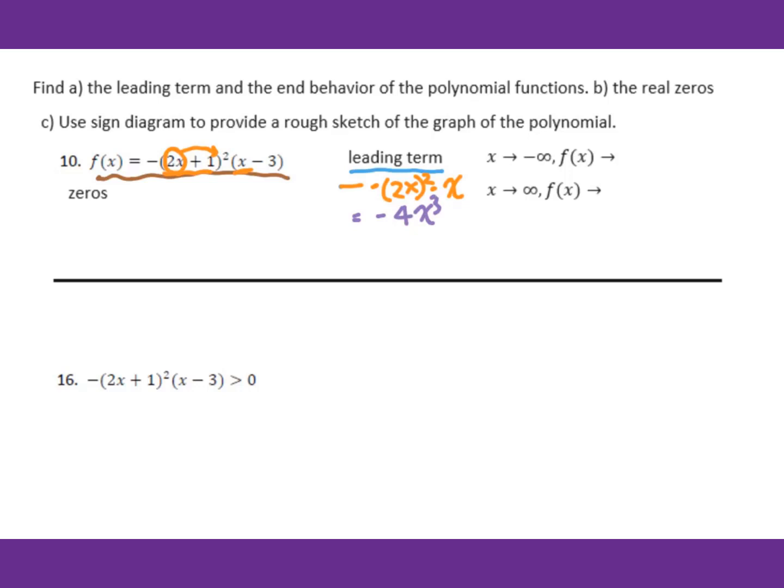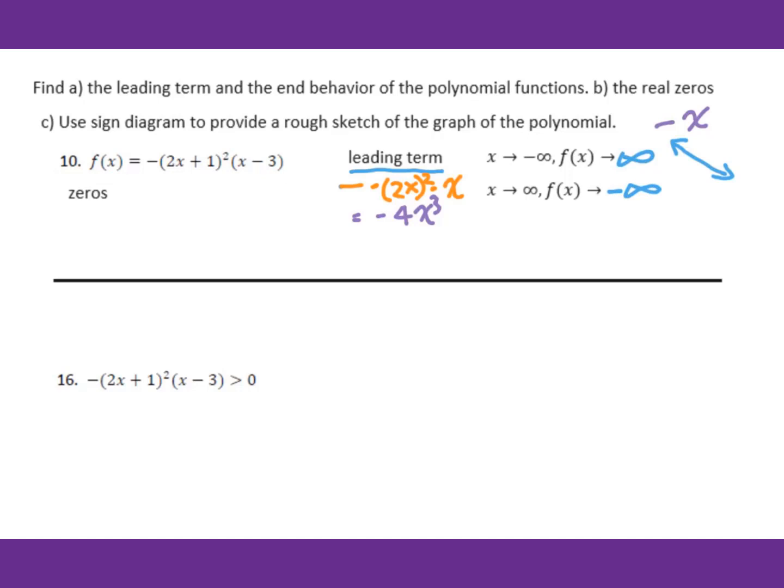The end behavior of this polynomial is the same as -x. For -x, we know it looks like this. Therefore, when x goes to negative infinity, the graph goes up, to positive infinity. When x goes to positive infinity, your graph goes down, to negative infinity.